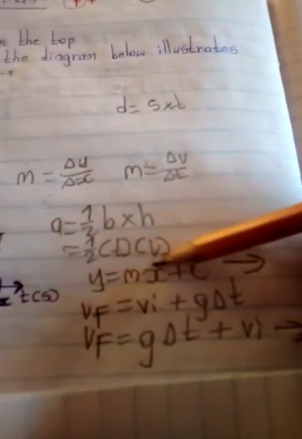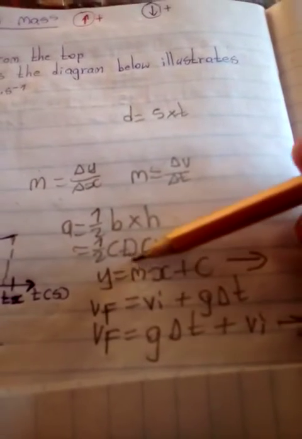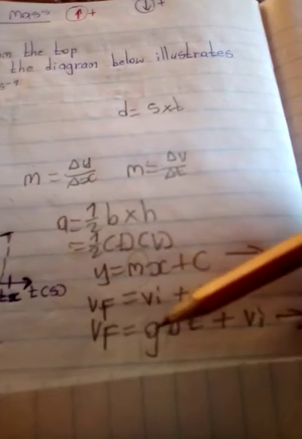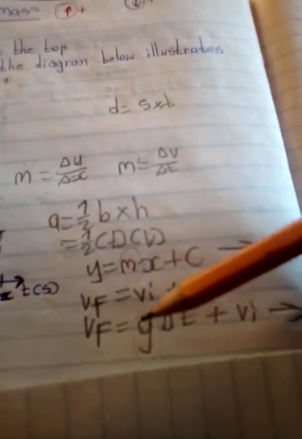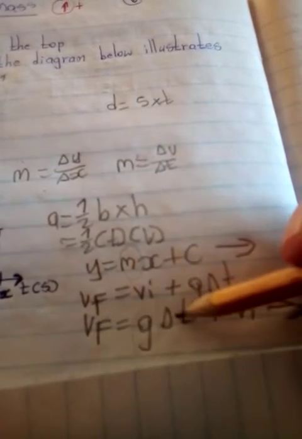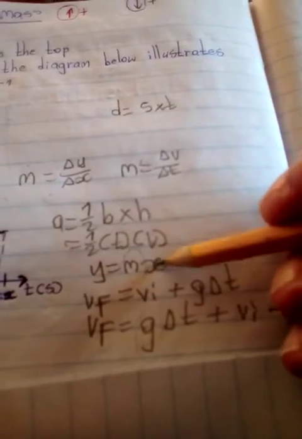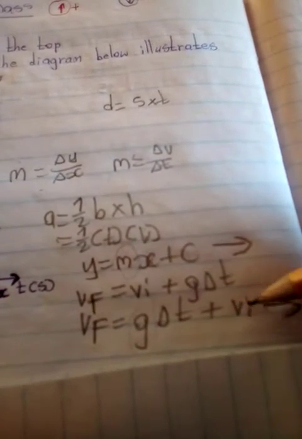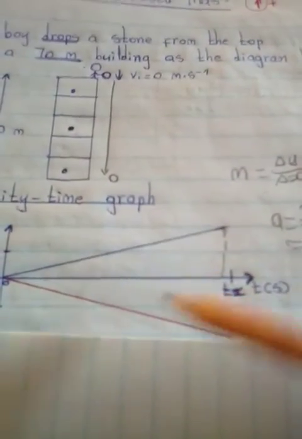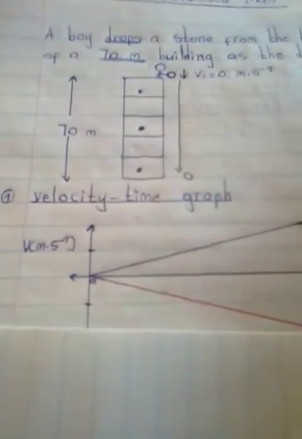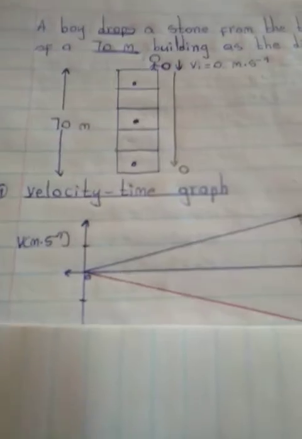We have mx. M here represents the gradient. G here represents the gradient, which is the gravitational acceleration. T here represents the x here. You can see the c constant here represents this constant here, which is the velocity initial. That's why we have this graph here as a straight line. I hope you understand.